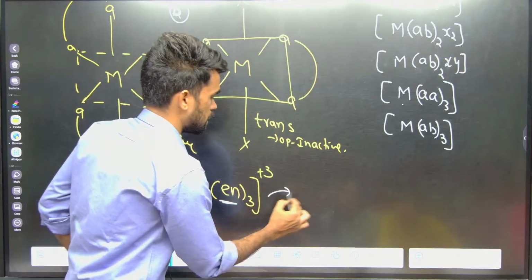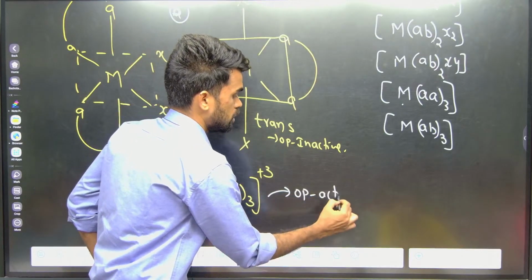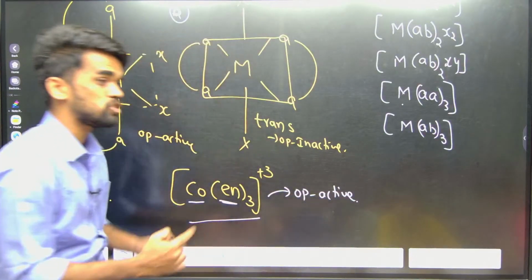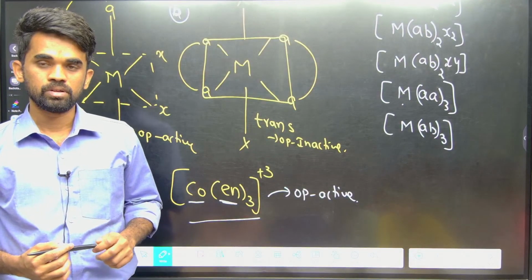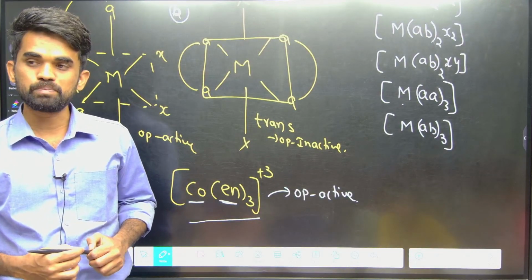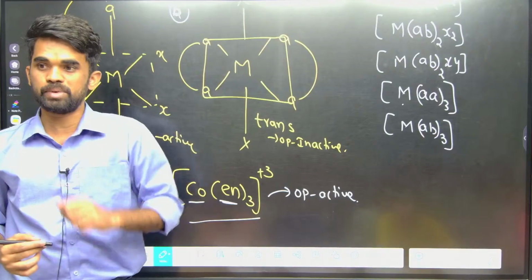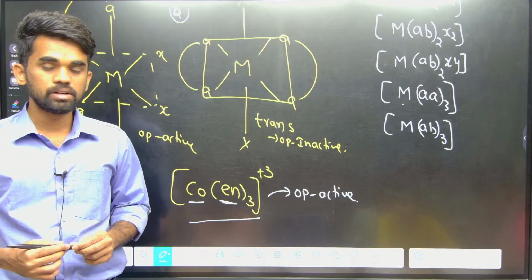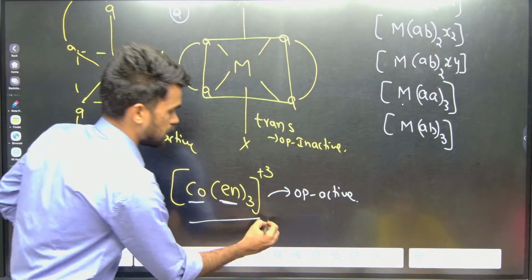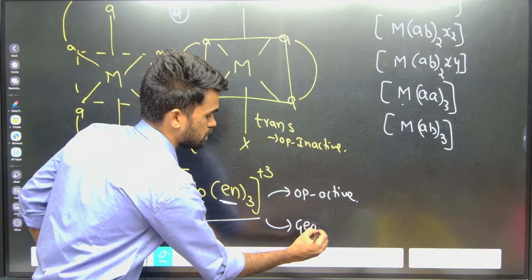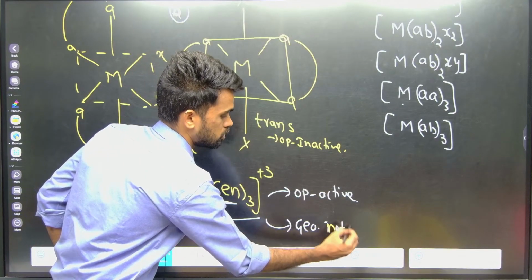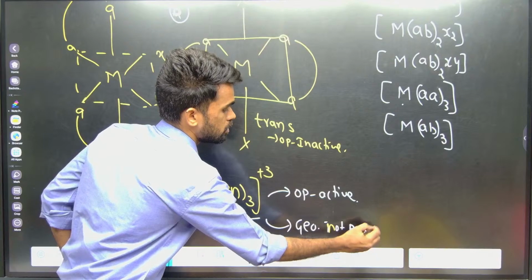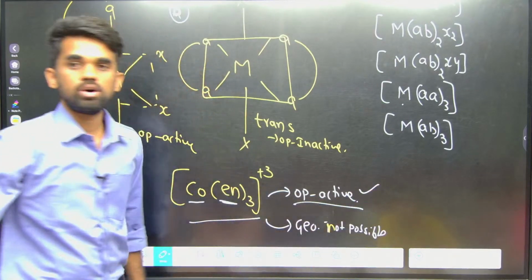Active. For the same compound, they will ask about geometrical isomerism, cis-trans isomerism. Is it possible in that? You have written it in yesterday's table. No, it is not possible. So optically active, but geometrical isomerism is not possible. No GI, only optical activity.